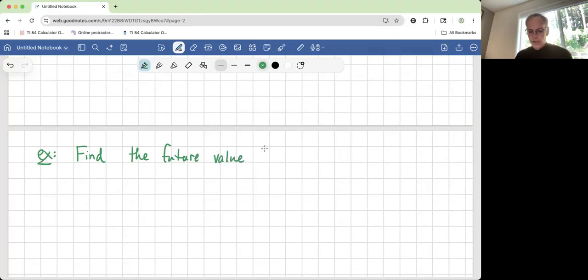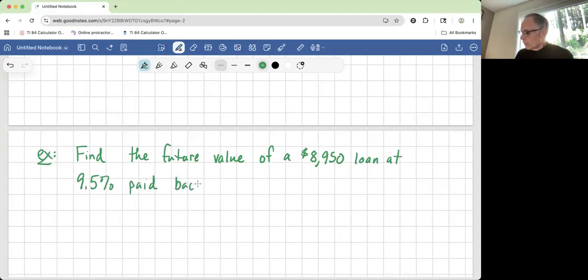Because in 278 days, I am planning a trip to Vegas with all my 80-year-old buddies, and I need that money back. And I know people in Vegas, so if you don't give me that money back, they're going to come cracking your knees. Okay, so find the future value of an $8,950 loan at 9.5% paid back in 278 days.